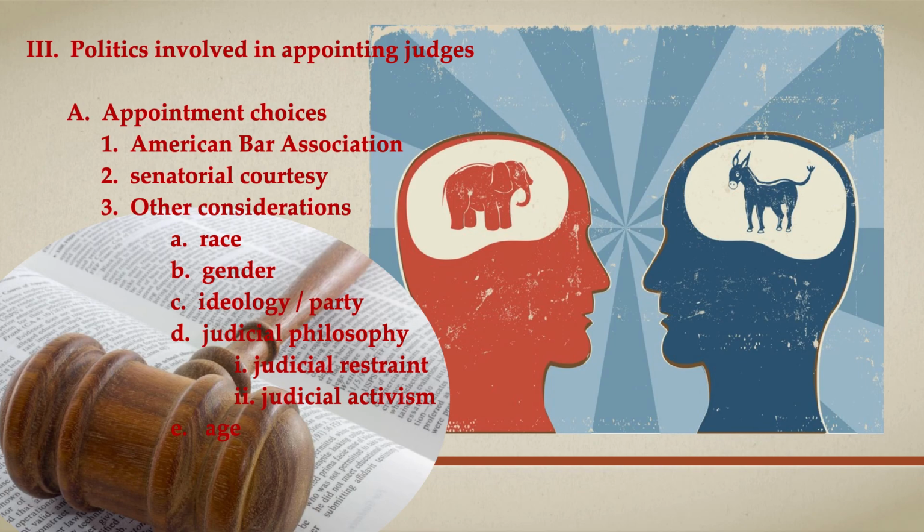Other people believe in what we call judicial activism. Judicial activists are more willing to overturn precedent. They look at the Constitution as constantly changing with each generation, that its meaning changes. They like to call the Constitution a living document.